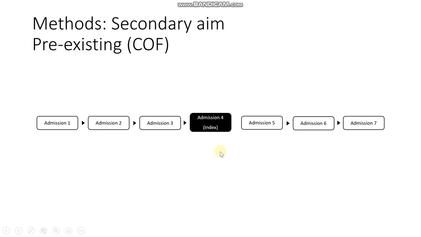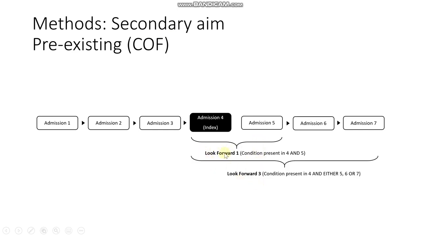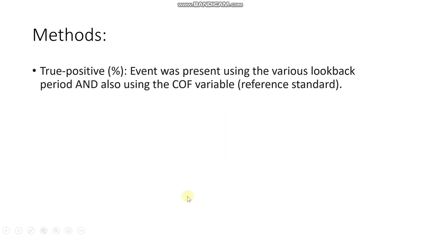When it came to the secondary aim, we sought to see if the condition was present in the index admission and was identified as a pre-existing condition using the COF variable and was carried forward to the subsequent admission in look-forward 1, and similarly if the condition was identified as pre-existing using the COF variable in the index admission and carried to any of the subsequent 3 admissions.